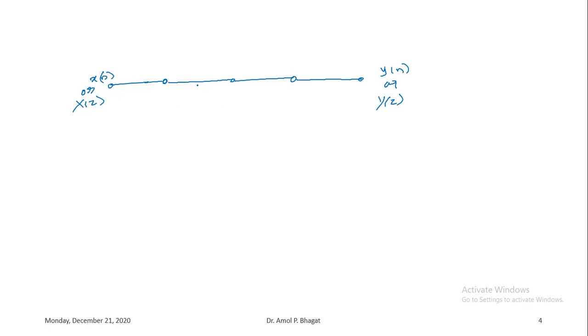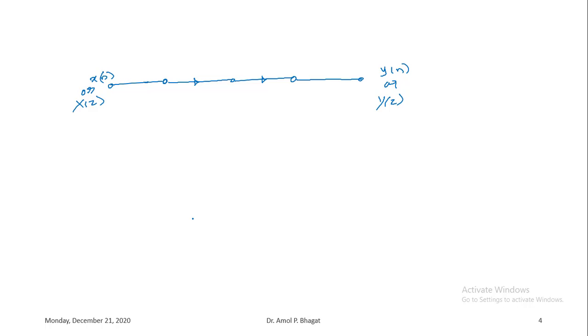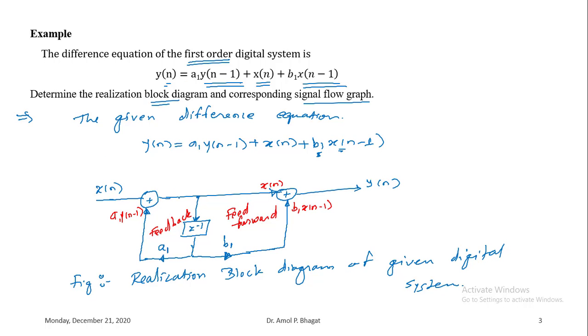Here you can see the delay element, so for that delay element you can indicate z inverse. Where there is nothing, that means simply a multiplication by 1 is there. In this case this multiplication by 1 will be there.